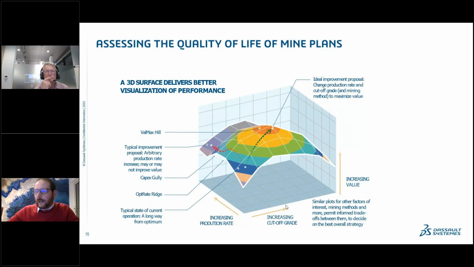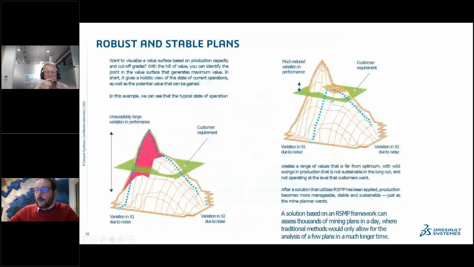A slight change in one might see us lose a significant amount of value as we drop down the side here, or a change in another one might see us in a more stable location. So what we aim to do within this type of multi-parameter analysis is to not just find the largest possible value, but also analyze around that point to find the stable location, something that is resistant and robust to changes that you might see.